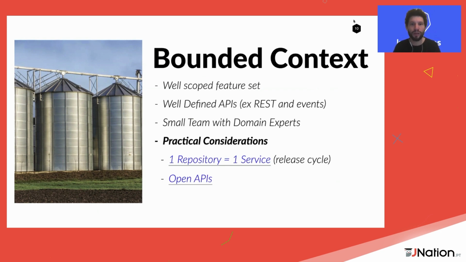So bounded context is that idea of having a well-scoped set of features that we are going to put together. They make sense for the business to be isolated in some way. They will expose a well-defined API. It might be REST endpoints, it might be messages or events, and there will be a small team with domain experts in it.